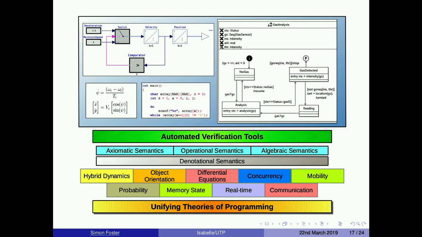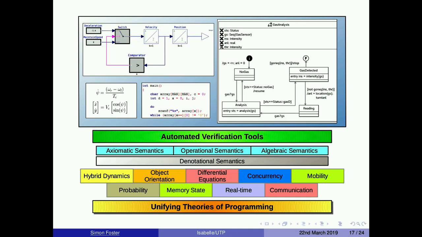So we have, of course, I guess most of us are familiar with operational semantics, right? Very important for being able to represent things like simulators and compilers and so on. So you have some kind of step relation, explaining how we step this program forward in time. But then you also have algebraic semantics, and algebraic semantics allows us to explain when two programs are equivalent using a set of equations, right?